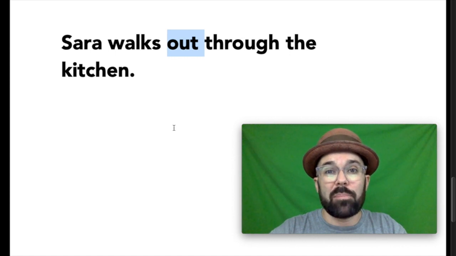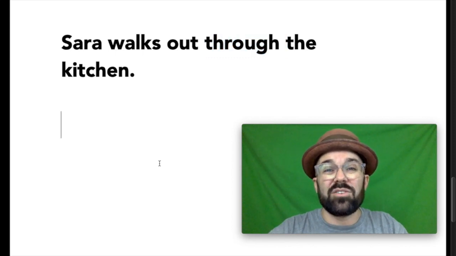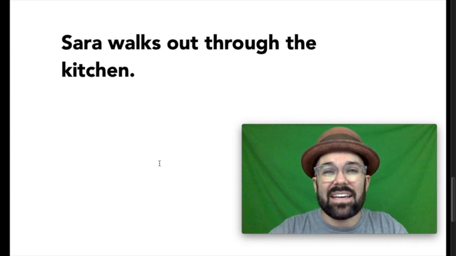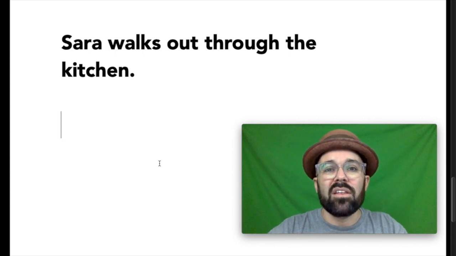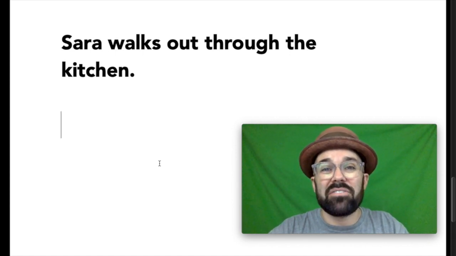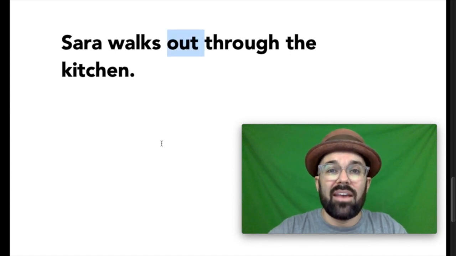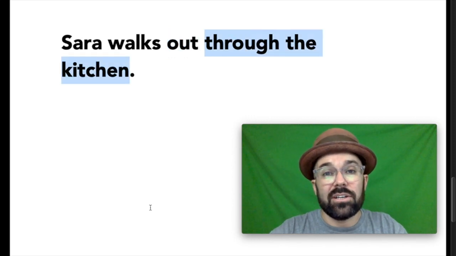Out can be a preposition, and through can be a preposition. Often, when we see two words that could be prepositions side by side, like in this example, the first one is modifying a verb. Out is an adverb, and the prepositional phrase is through the kitchen.